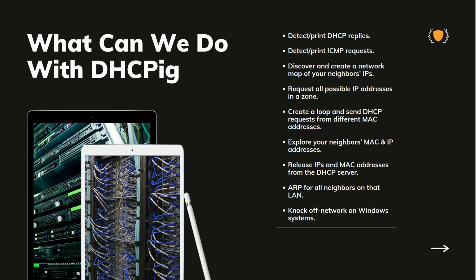The second last point tells about ARP for all neighbors on that LAN. What is ARP? ARP is the Address Resolution Protocol, a network protocol used to find out the hardware or MAC address of a device from an IP address. It is used when a device wants to communicate with another device on a local network, for example an Ethernet network that requires the physical address to be known before sending packets.